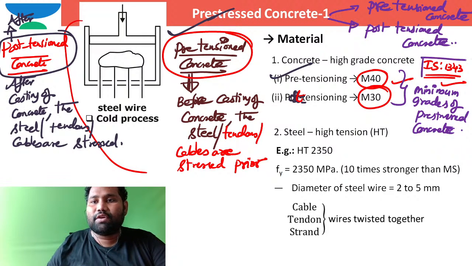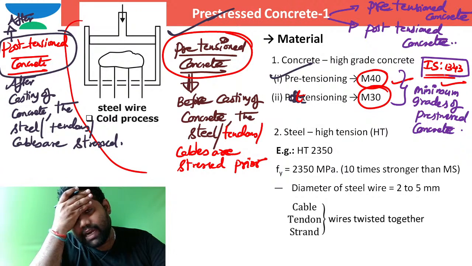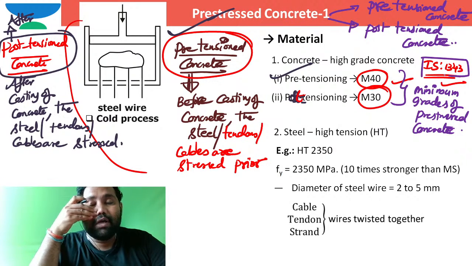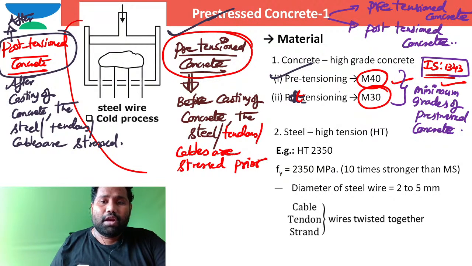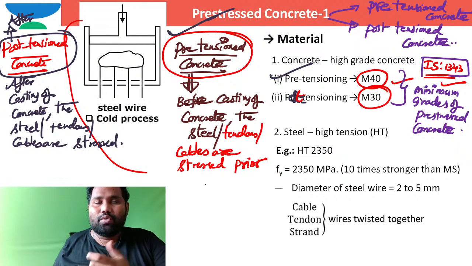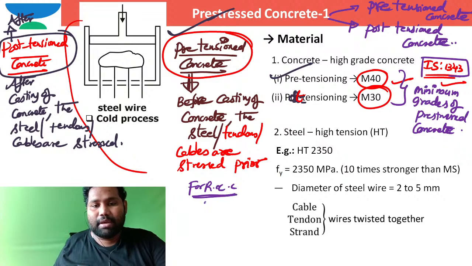The designation of the code of practice is IS 1343, which gives the design guidelines of pre-stressed concrete. Now, some people will also ask, sir, what is the minimum grade of concrete for RCC? For RCC, the minimum grade is M20.